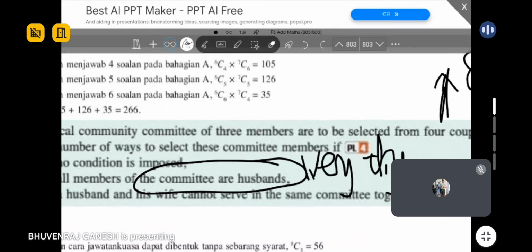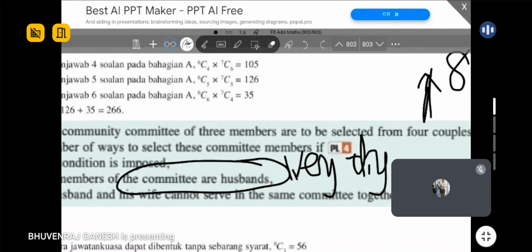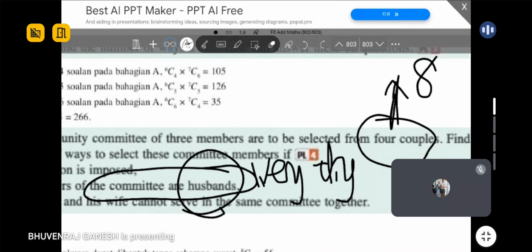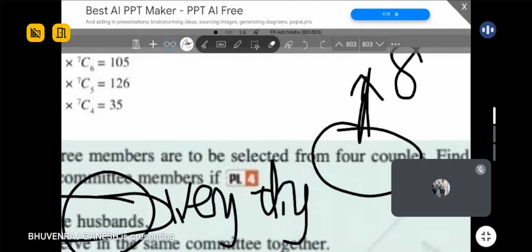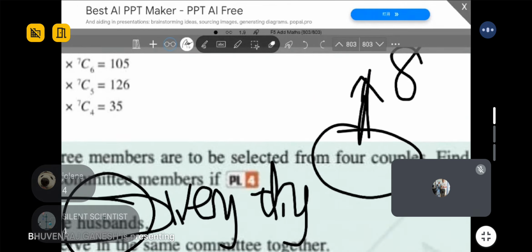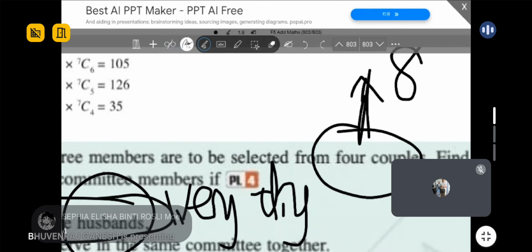Basically, you have to select 3 people. Correct? So they say all are husband. Means how many husband, guys? Over here. If anyone wrong this, I'm gonna ketuk your kepala. Berapa suami ada kat sini, guys? 4 couple. Very good, you all. Very smart. Okay, 4. Very good. Siapa cakap 5?